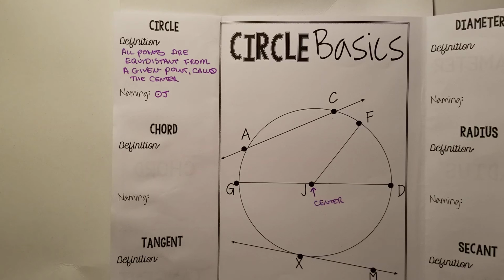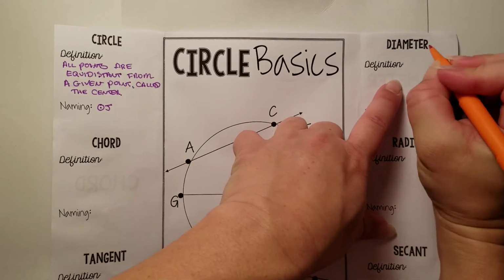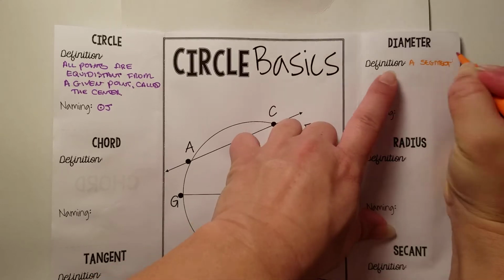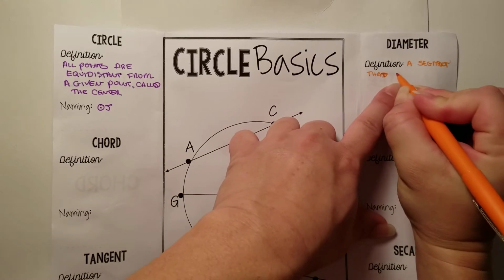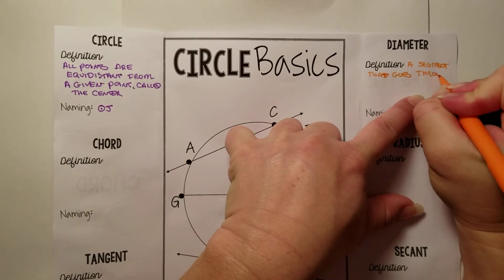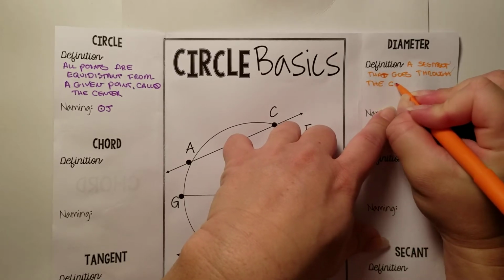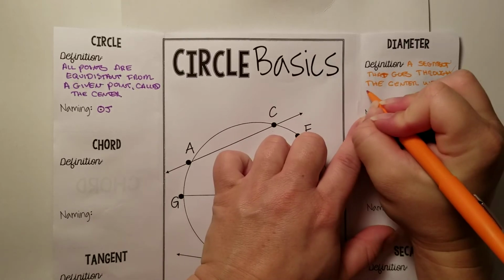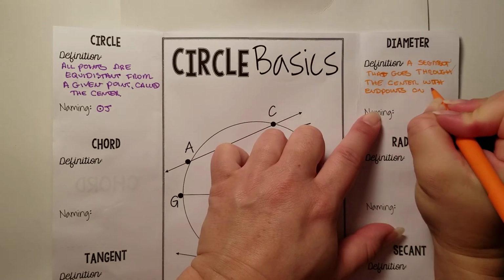The next one we're going to talk about is the diameter. So the definition of a diameter is a segment that goes through the center with endpoints on the circle.